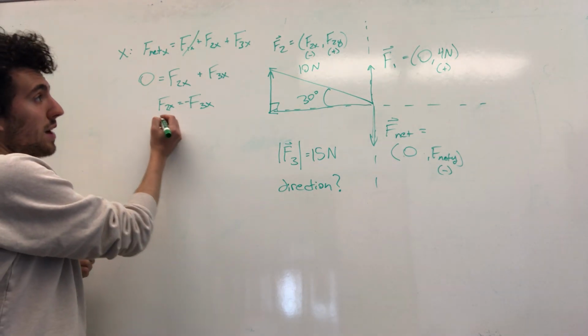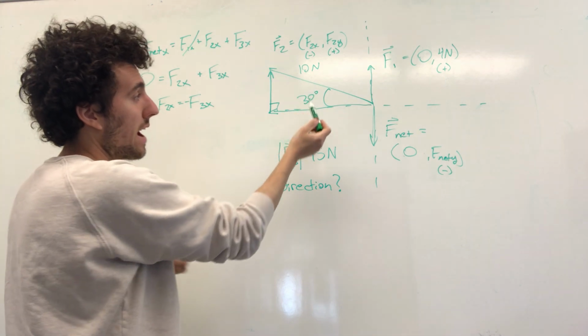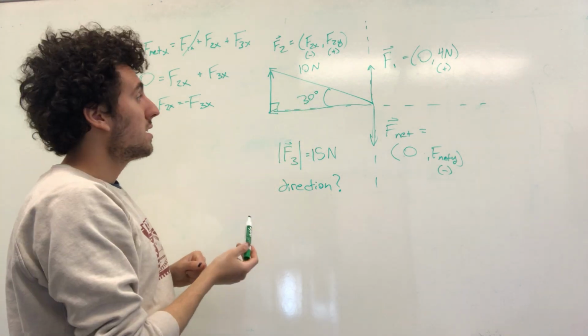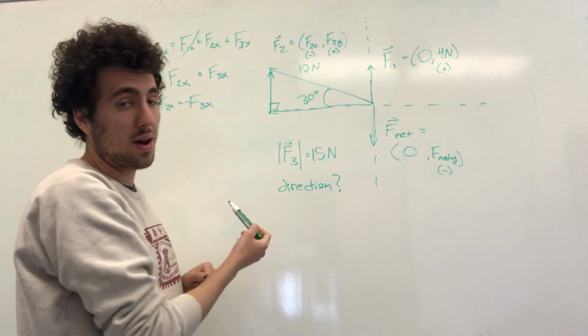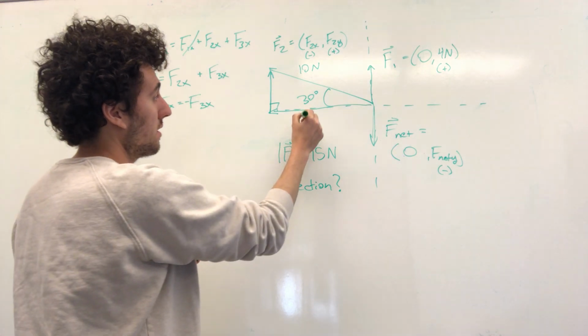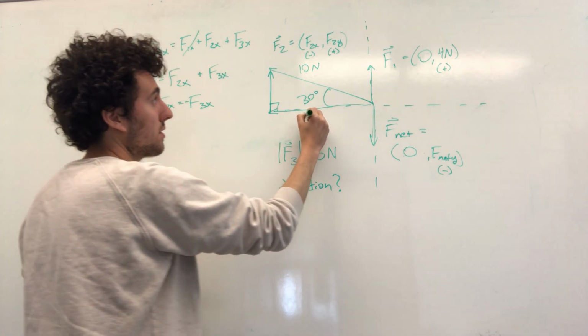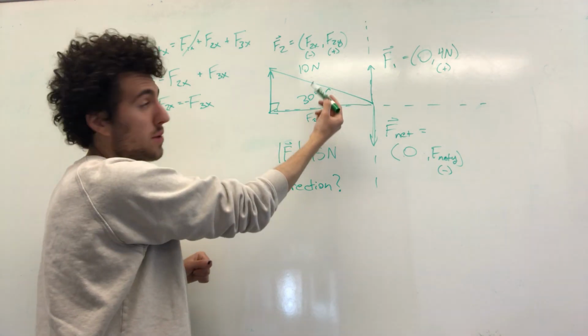Like I said, F2x we can find based on the trig. So we know the magnitude is 10 and it's 30 degrees north of west. So here we are going to use cosine. This leg here is the x component, this is F2x, and it is adjacent to the angle we were given.